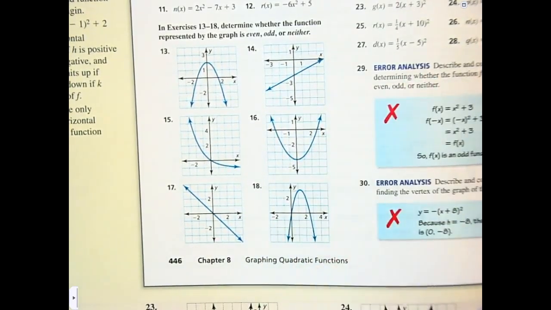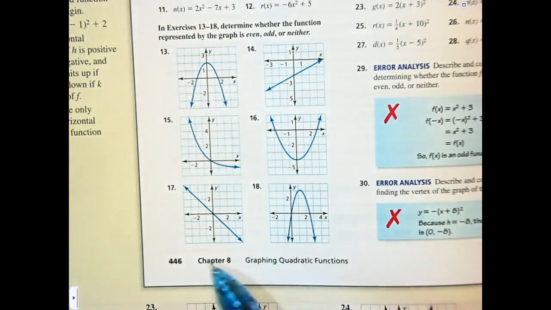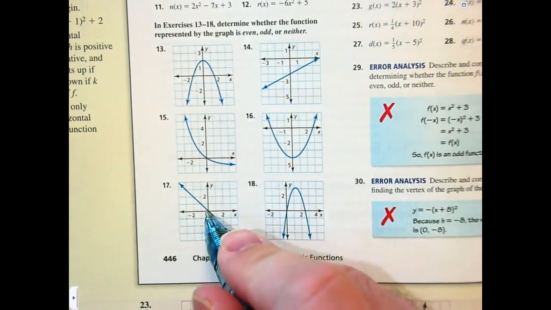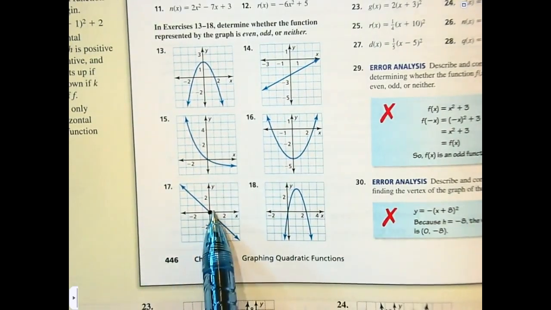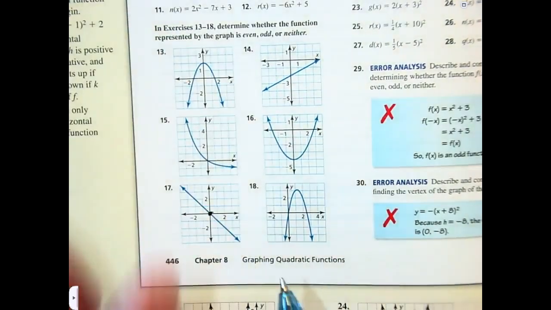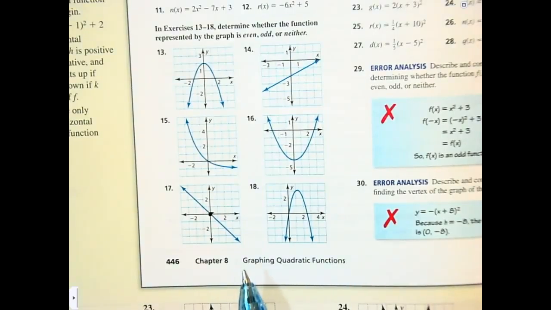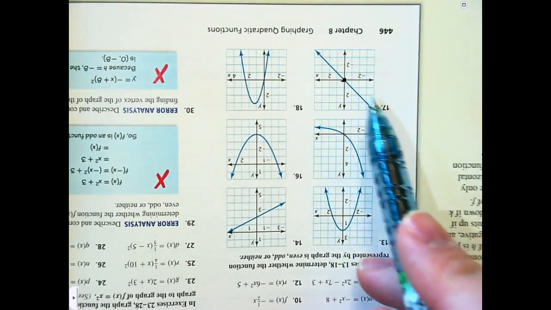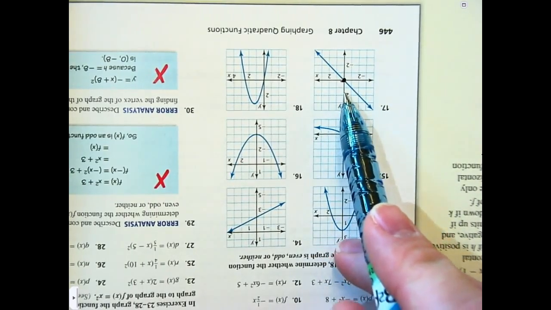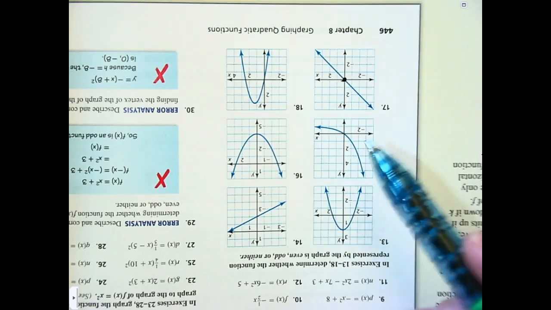The way you tell if it's odd is you can rotate it about the origin. So here's the origin, right there. This graph, if I spin it, it'll match up on itself again. Everyone understand what I mean? If I rotate it, like if I turn my book upside down, it looks exactly the same. I've rotated it 180 degrees. That is an odd function. That's how you tell graphically if it's odd or even.